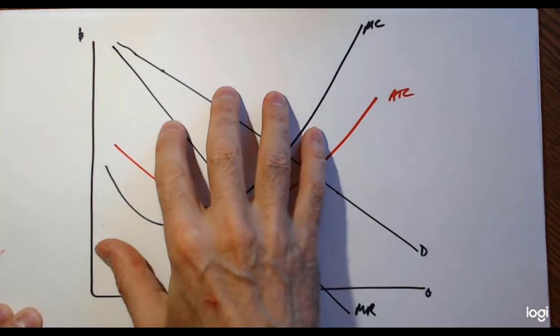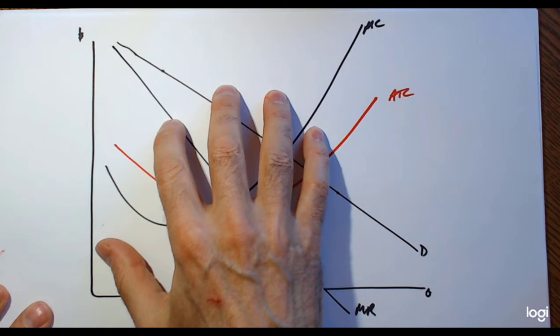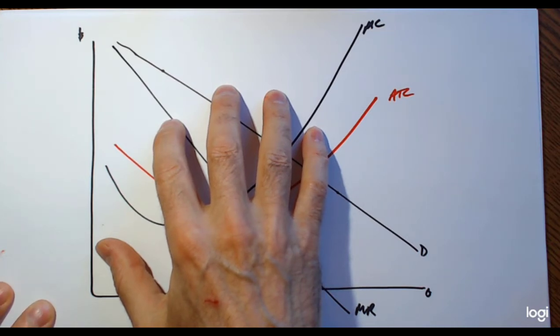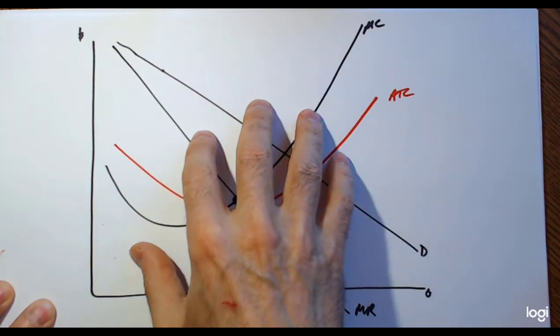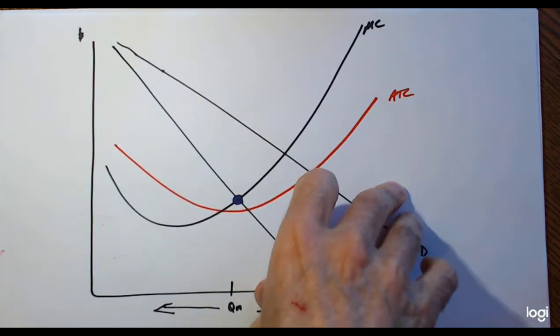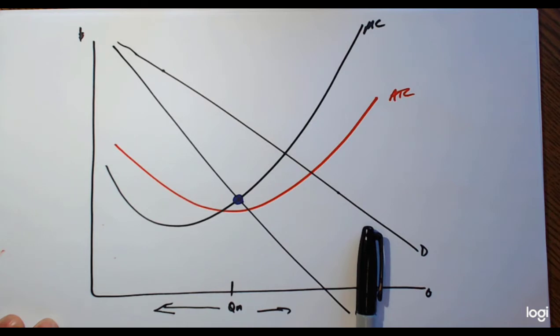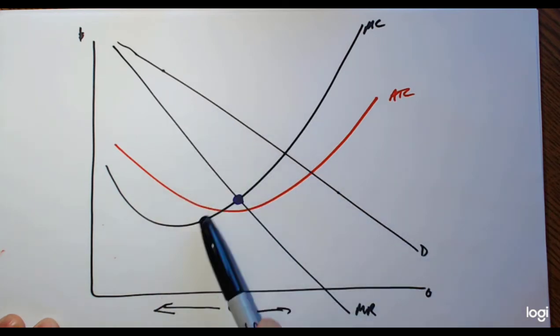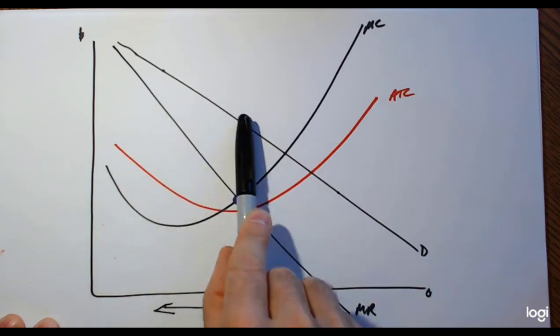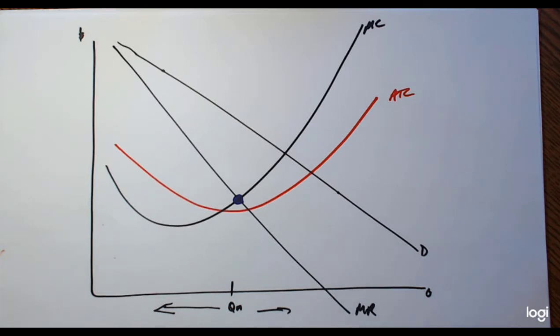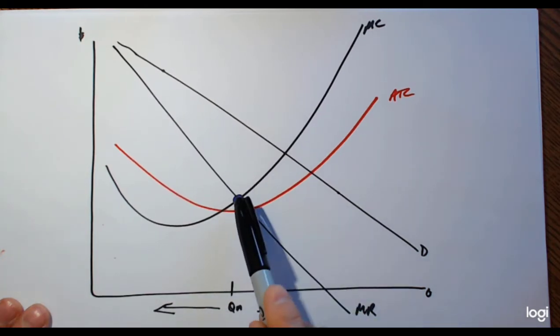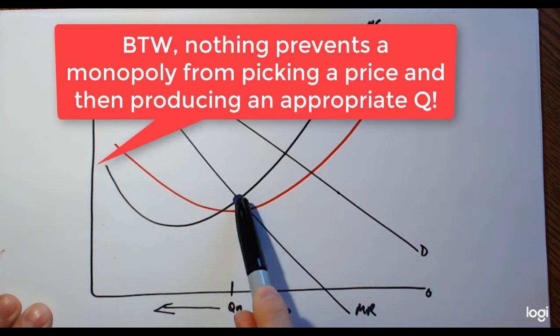The situation doesn't happen here the same way, because the monopoly determines the price based on the quantity. So it picks a quantity, and from that quantity picks the price out. So the point is, there is a monopoly supply point, an optimal supply point.